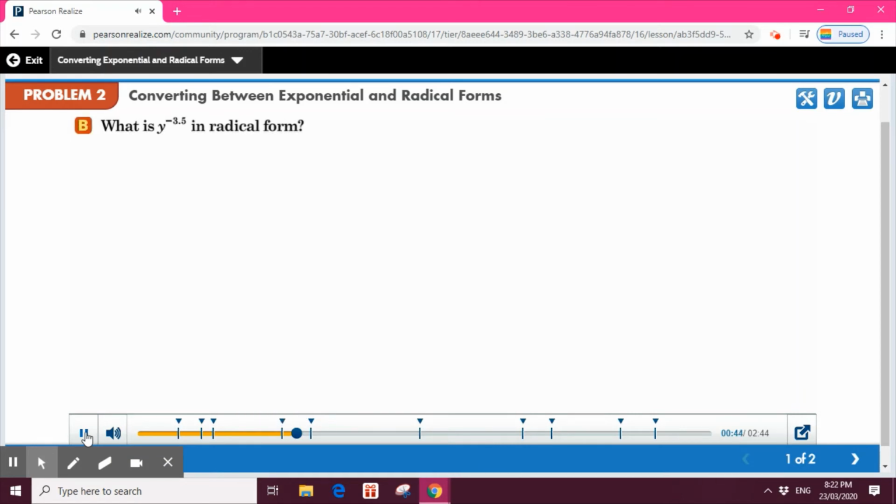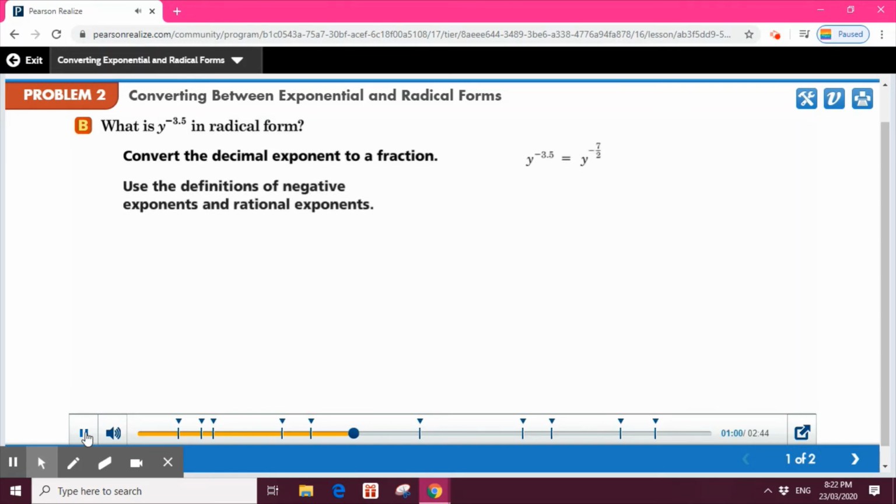Part B. What is y to the negative 3 and 5/10 power in radical form? To start, convert the decimal exponent to a fraction. Then use the definitions of negative exponents and rational exponents to rewrite the expression.